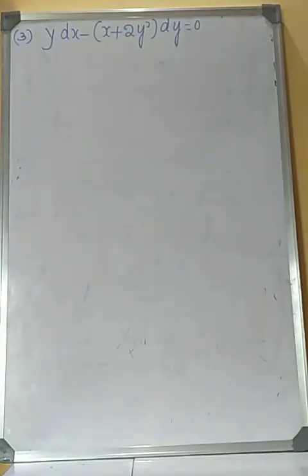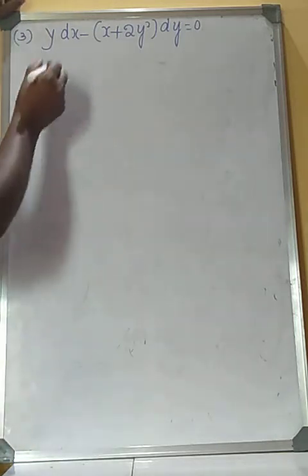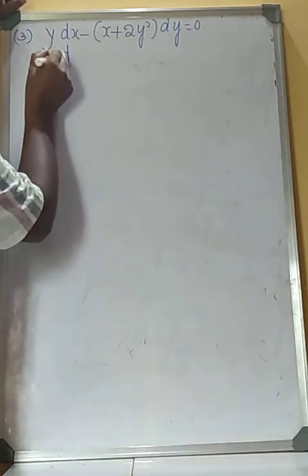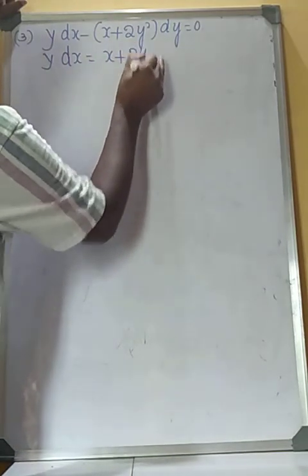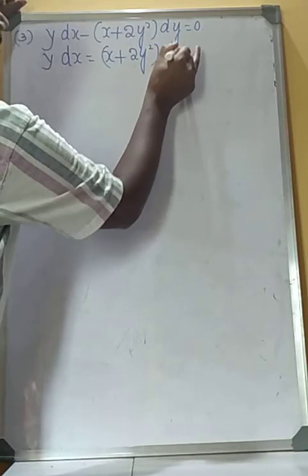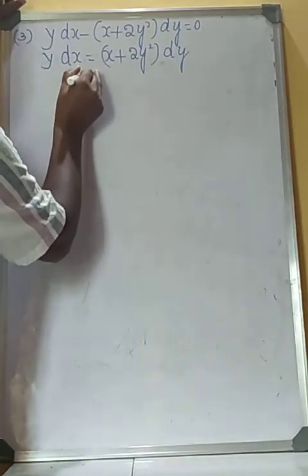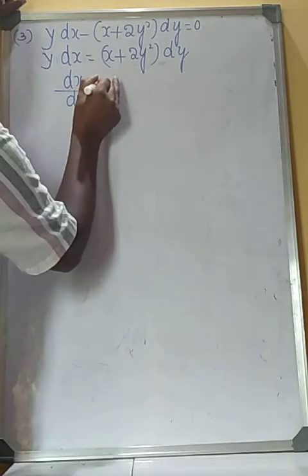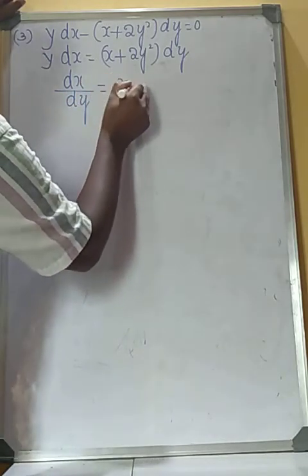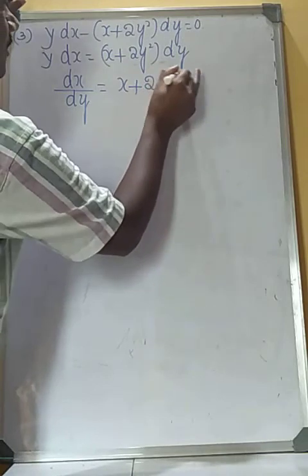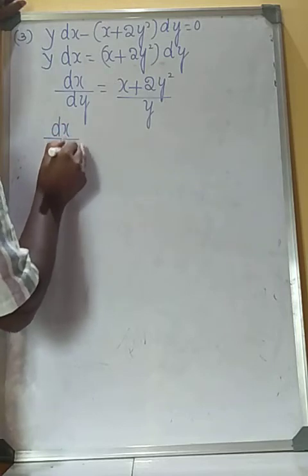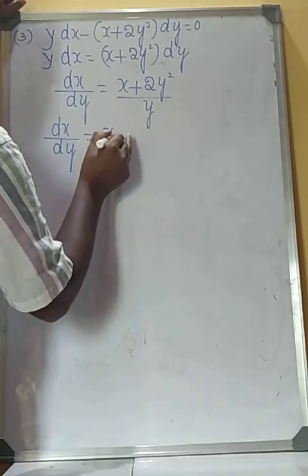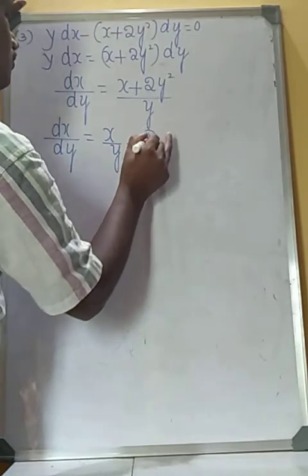The given differential equation can be written as y dx is equal to (x plus 2y square) dy. Therefore, dx by dy is equal to (x plus 2y square) by y, which is x by y plus 2y.